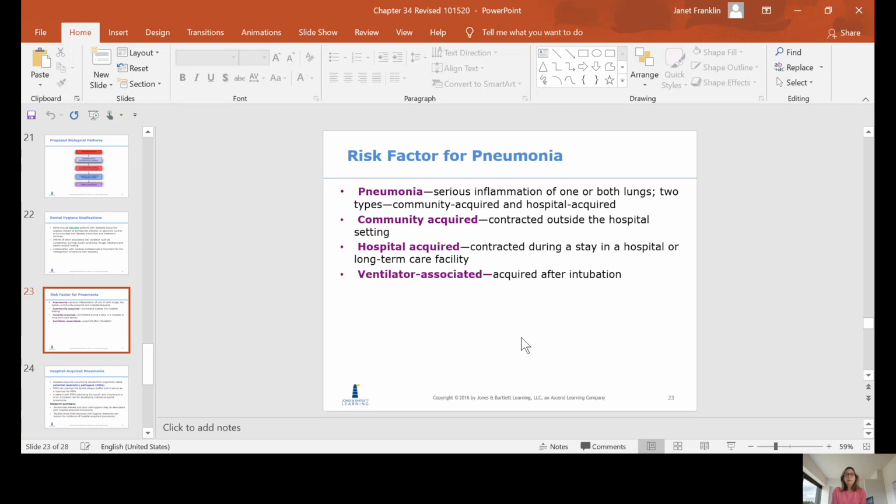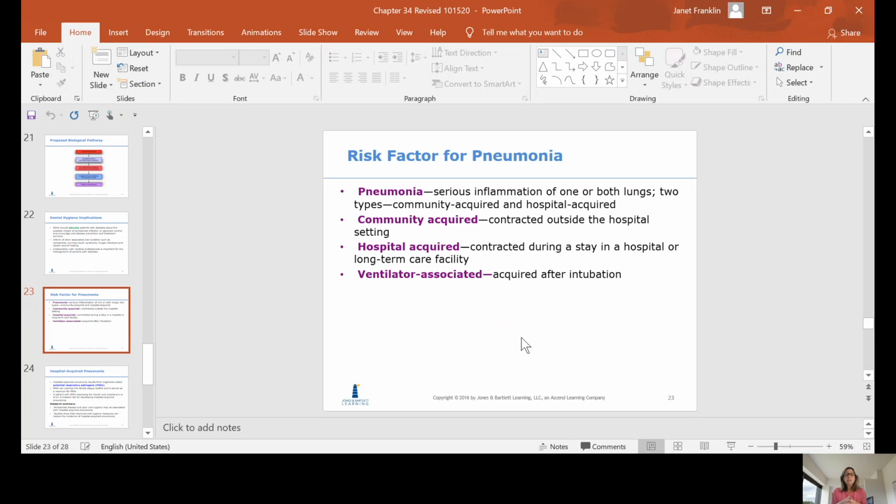Risk factors for pneumonia. We're talking a little bit more about hospital-acquired pneumonia, in patients that are bedridden or have very compromised lungs and immune system.